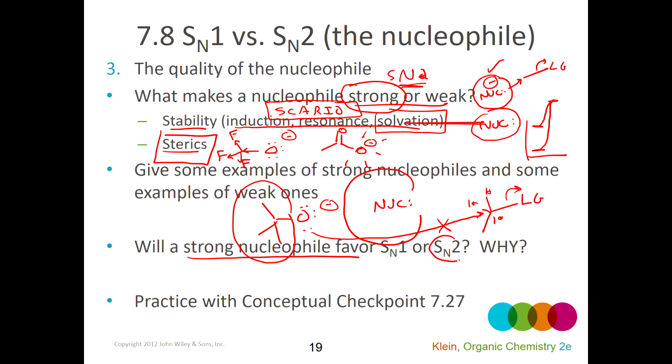It'll favor SN2. It'll be more likely to collide right away and push out the leaving group. And a strong nucleophile is one that's not stable. It's not stabilized by any of these factors that stabilize a negative charge. Any questions about any of that?